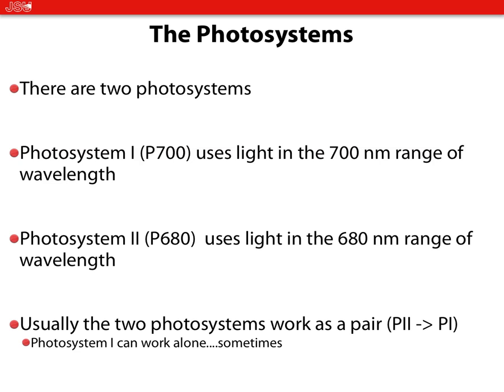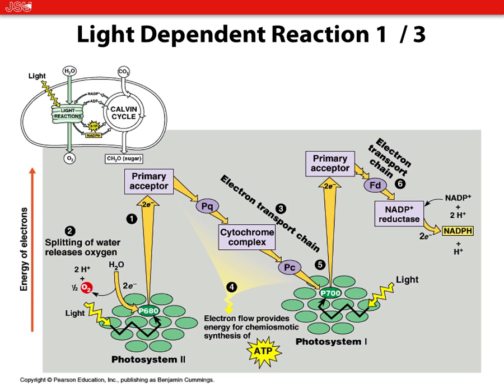There's two photosystems. We're going to show you a picture of that in a minute. Just know there's two photosystems. Okay, these are the photosystems, and I'm going to go from left to right. And this diagram is a picture looking at it from the point of the energy in an electron. Okay, so let's look at the left. See, it says splitting of water releases oxygen, and then the 1. Okay, let's start there. So what happens? Light energy comes in here.